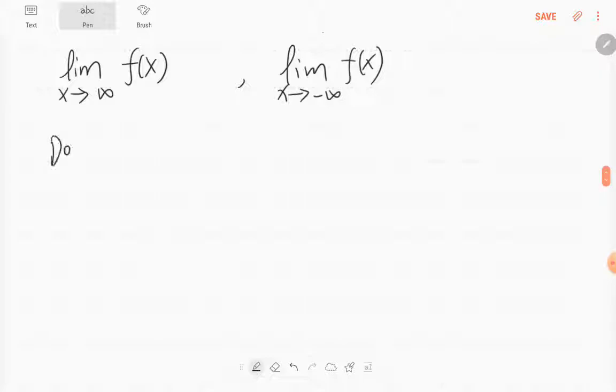So now let's look at the formal definition of the horizontal asymptote.